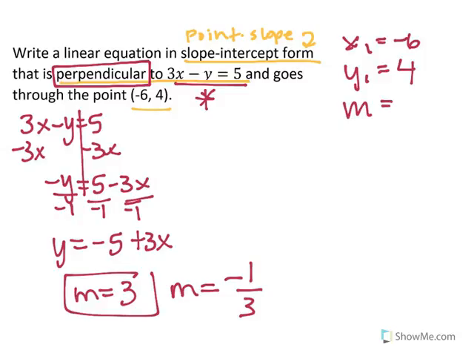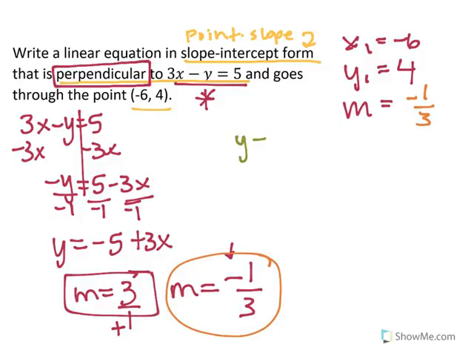So you can see I changed the sign. I went from positive to negative, and then we do the reciprocal. So this was 3 over 1. We flip it and we get 1 over 3. So we want to use this equation because we want the line that is perpendicular to the one given. So we're going to go ahead and write negative 1/3 over here as our value for m, and we're going to go ahead and plug them into our equation for point-slope form.